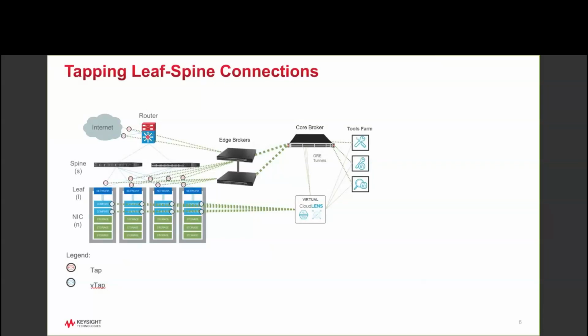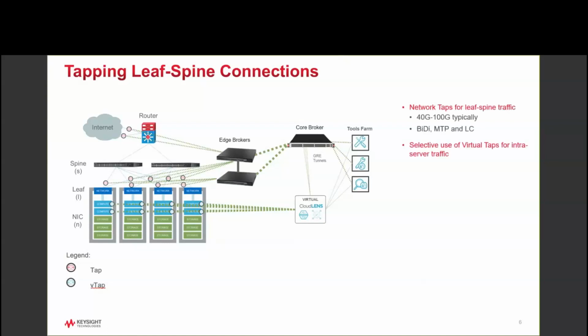These are typically 40 or 100 gig links within that spine leaf mesh. And this can lead to duplicates. Again, as a packet goes up to the spine switch, it'll come back down, and as a result, if you have that entire mesh tapped, you'll see those packets and those sessions twice. And again, we'll get into more on how we handle those duplicate packets a bit later.